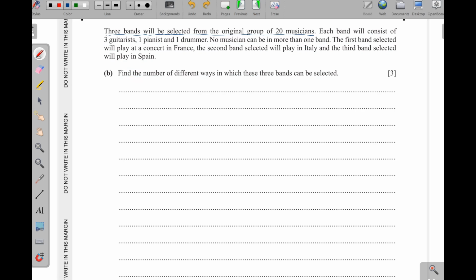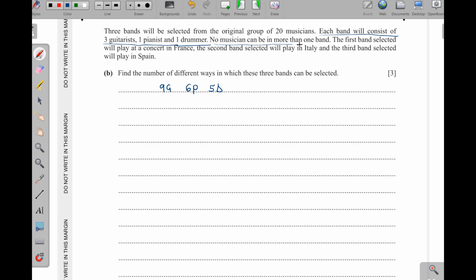Okay, this is what we do here. Now, first of all, we have 9 guitarists, right? We have 6 pianists, and then 5 what? Drummers. Now, in the first band, we are supposed to have how many of them? They said each band will consist of 3, 1, 1. Okay?